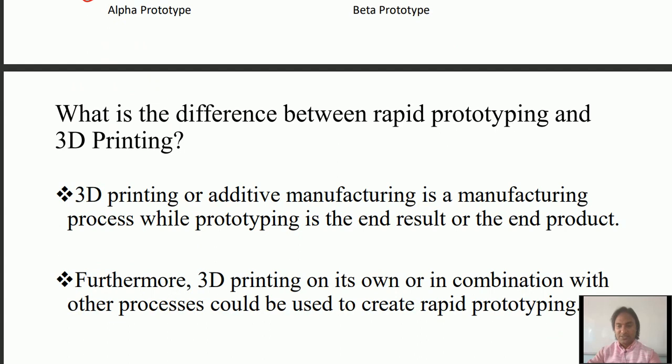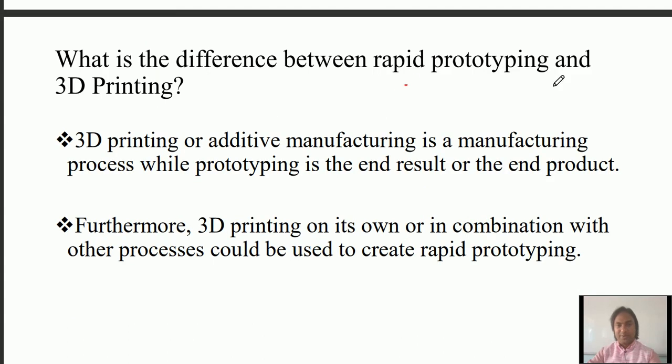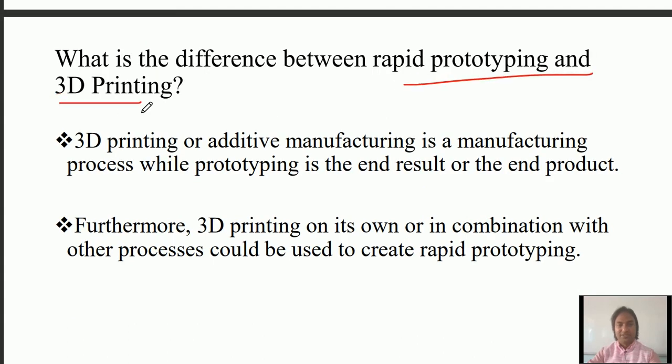So next is, what is the difference between rapid prototyping and 3D printing? 3D printing, or additive manufacturing, as we generally call it, is a manufacturing process, while prototyping is the end result or end product.